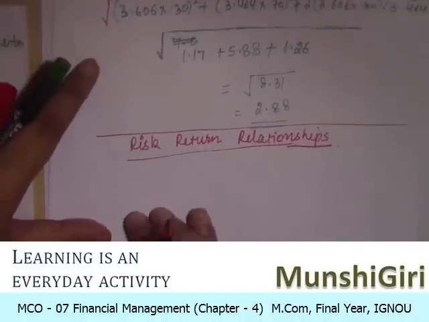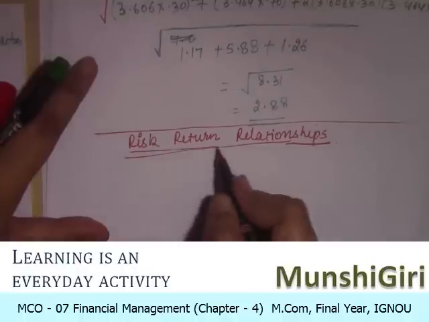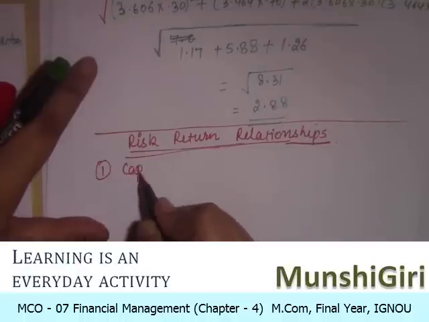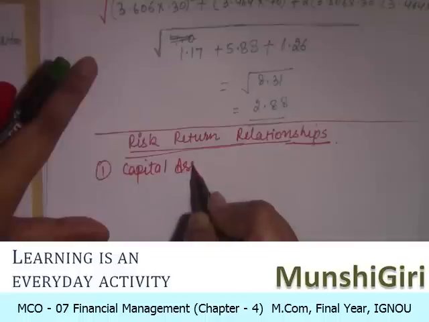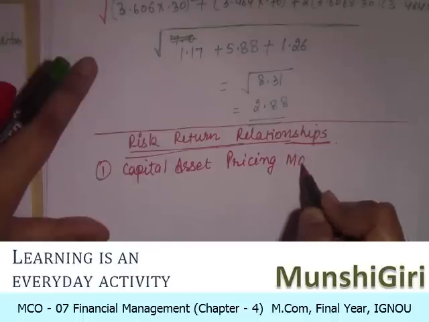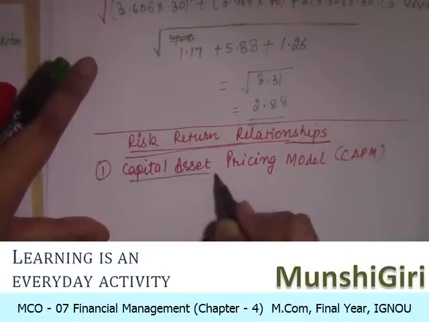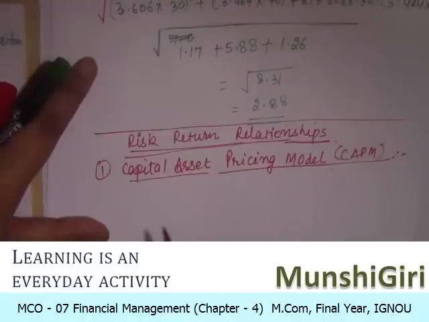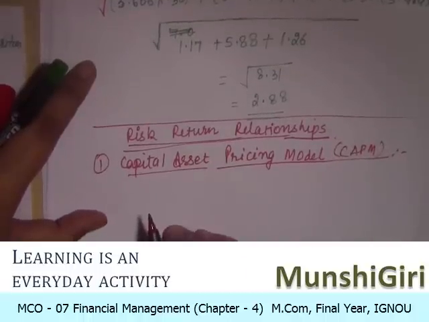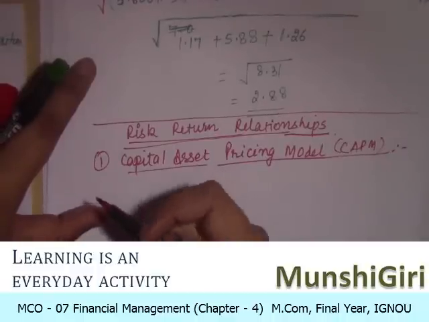The first model that we have under risk-return relationship is the capital asset pricing model, also known as CAPM in short. It states that there is an implied equilibrium relationship between risk and return for each security, and there are various assumptions of this model.